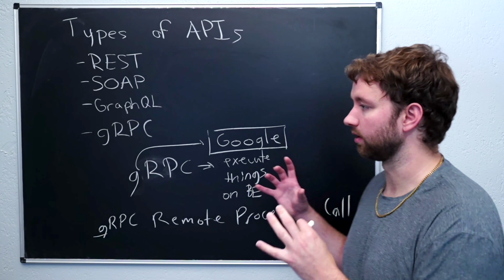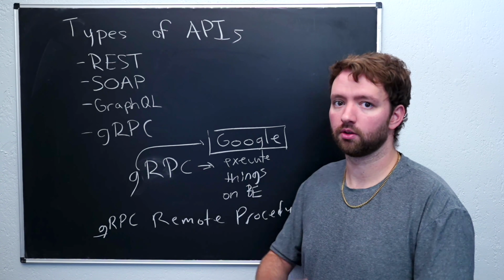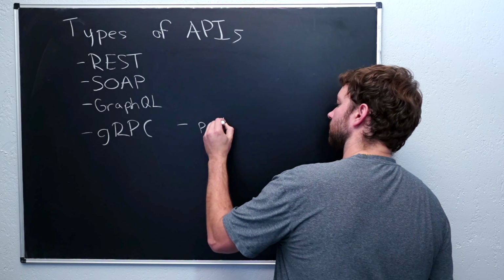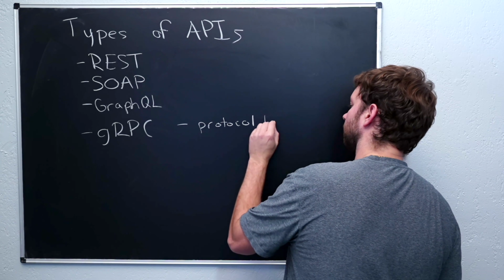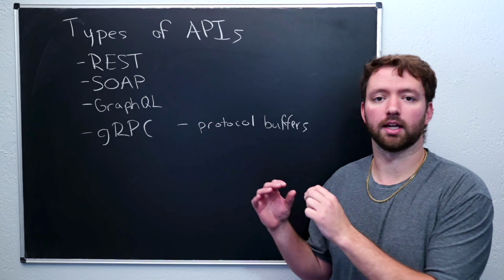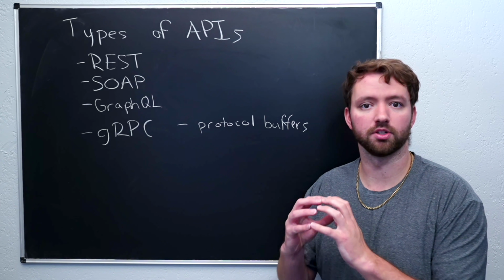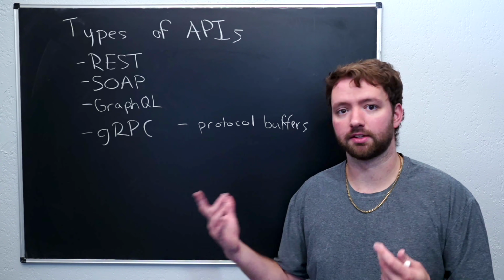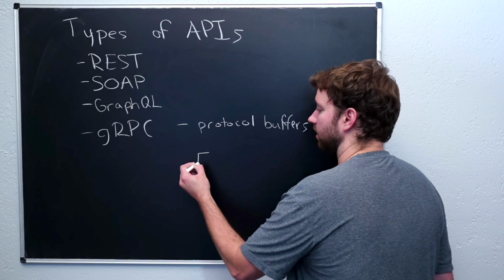And this is a specific type of API that uses something called protocol buffers or protobufs. So instead of XML or JSON, we'll have protocol buffers. So this is an approach to serializing data that's very effective. It reduces the size of the data as much as possible, allowing for very fast transfers between apps. This is really common for microservice architectures.